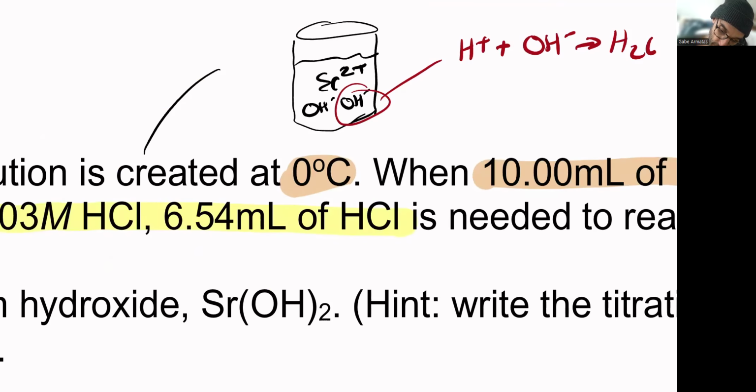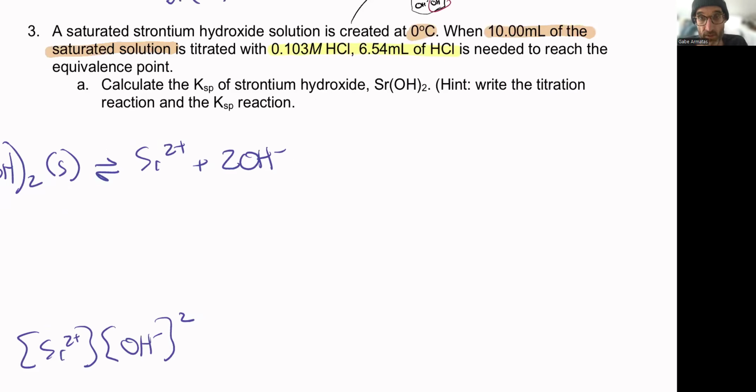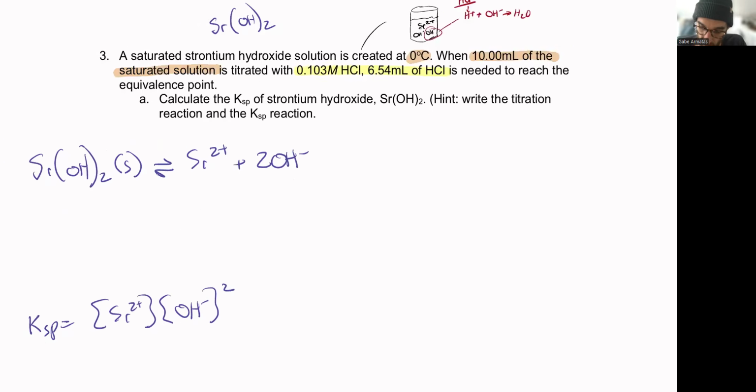Because it's with HCl, HCl is essentially just going to be my H plus here. For every one HCl, I'm getting one hydroxide. We're going to deal with that in a little bit when we come back here and do kind of a pseudo ice table, or we have to think about this just a little bit.